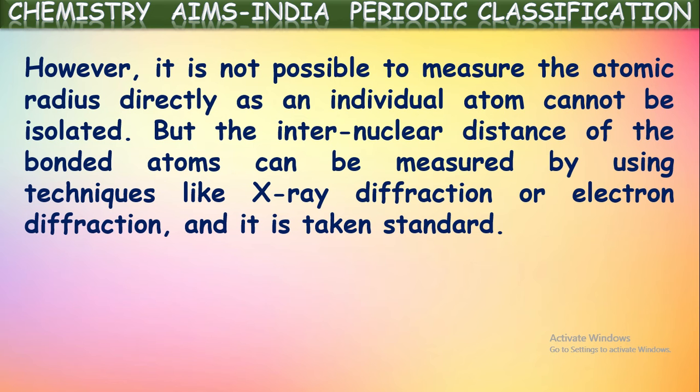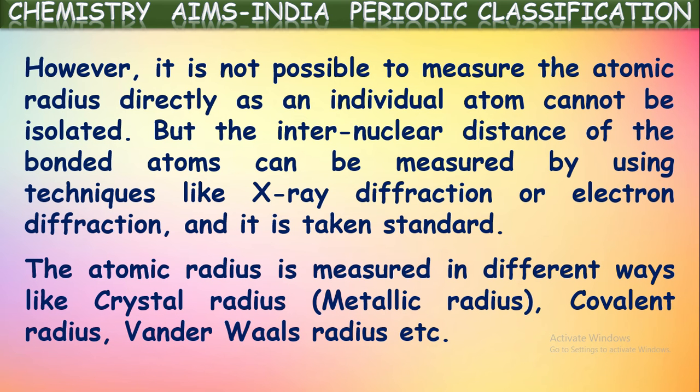The internuclear distance of the bonded atoms can be measured using techniques like X-ray diffraction and electron diffraction, and it is taken as the standard for calculating atomic radii. The atomic radius is measured in different ways, like crystal radius, covalent radius, and van der Waals radius.